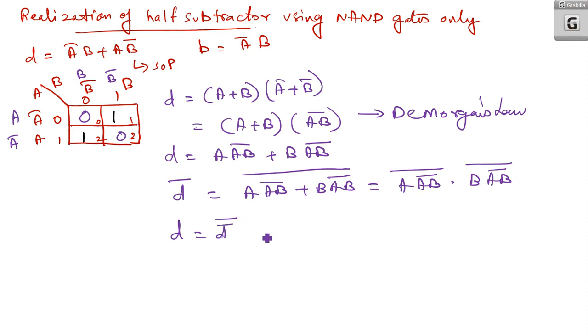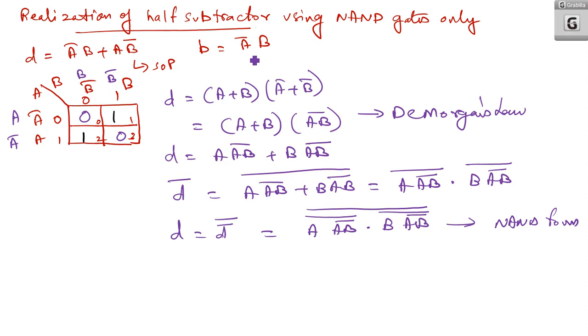That is D bar bar. That is AB bar the whole bar dot B AB bar the whole bar. So this is basically in which form? This is in NAND form. Now coming to the expression of borrow. Borrow is A bar B.